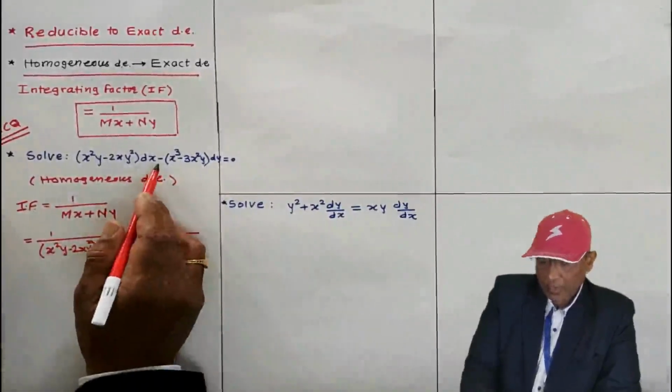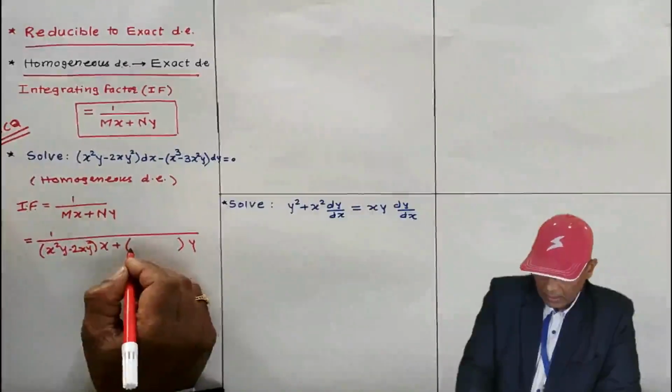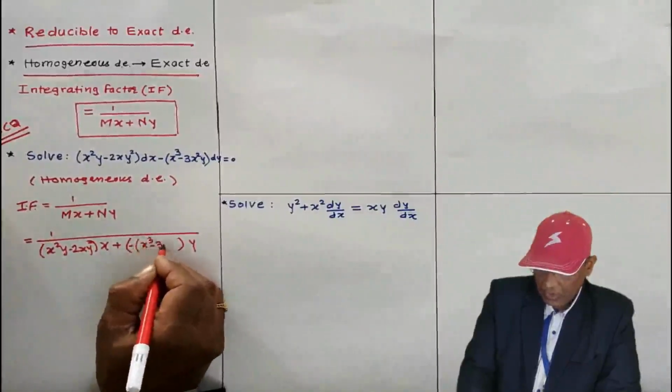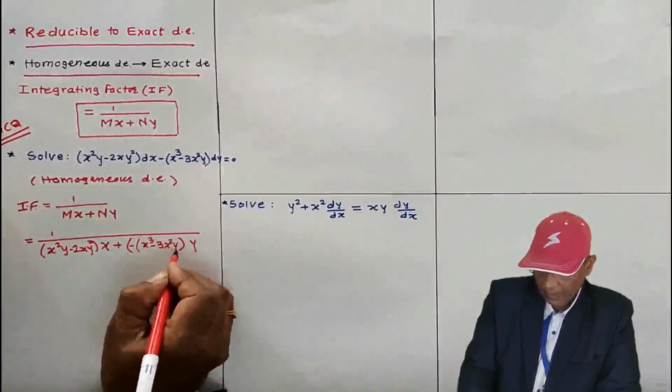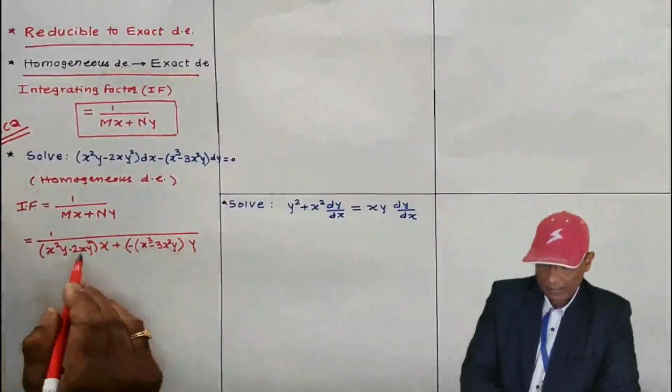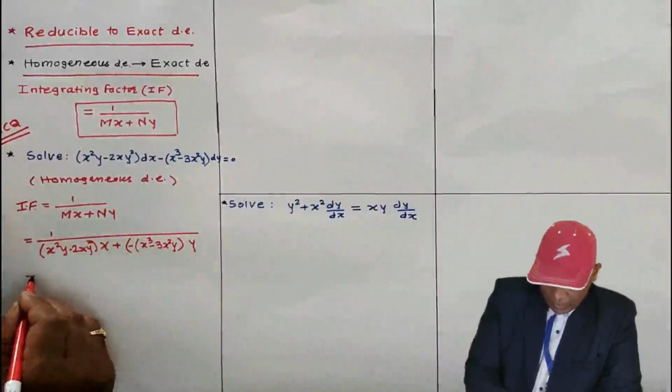Here I take the minus sign: minus of x cube minus 3x square y. Mx plus Ny. Now try to simplify it.